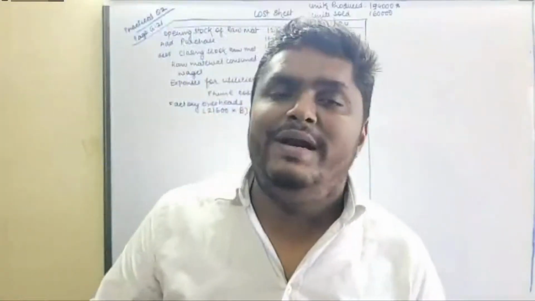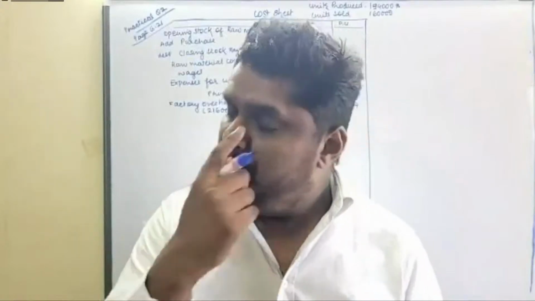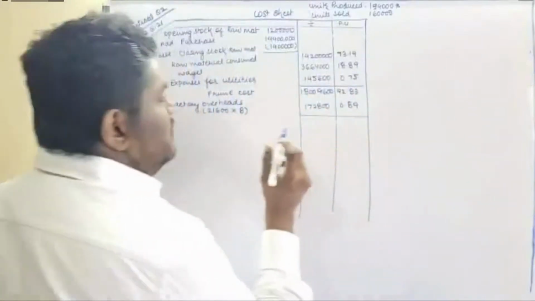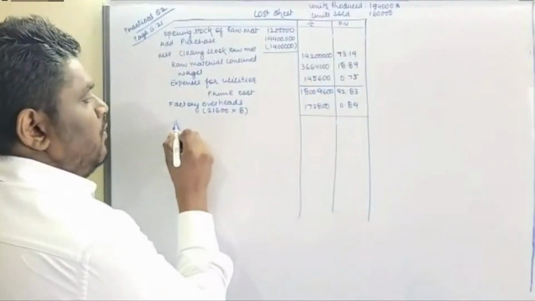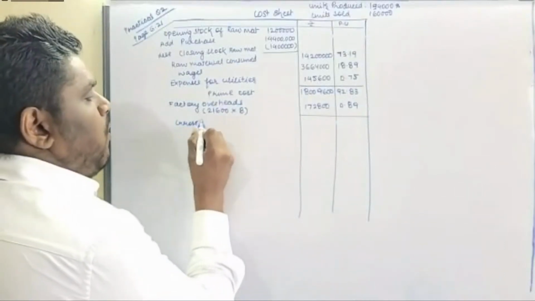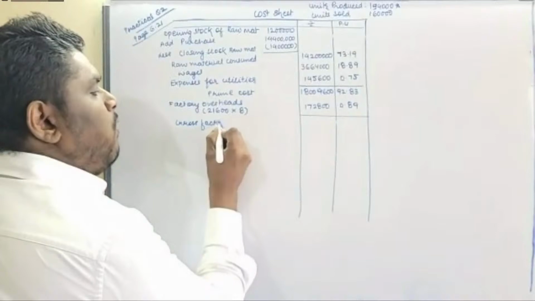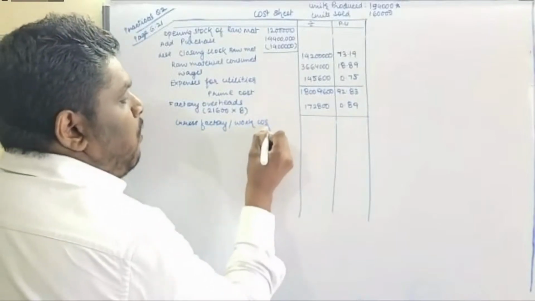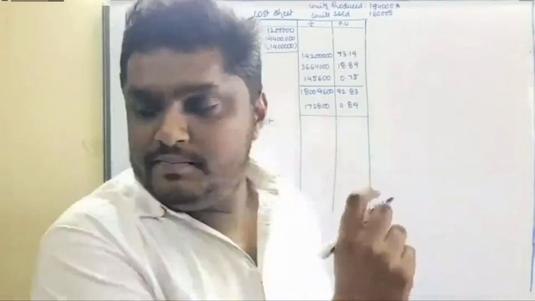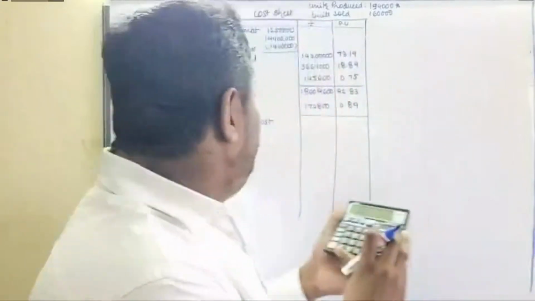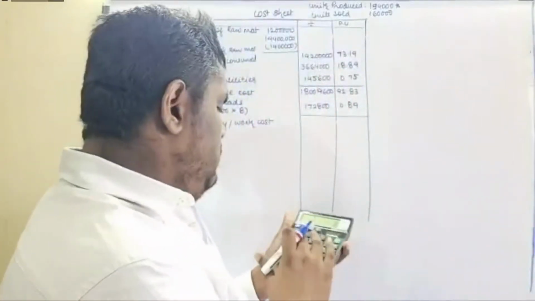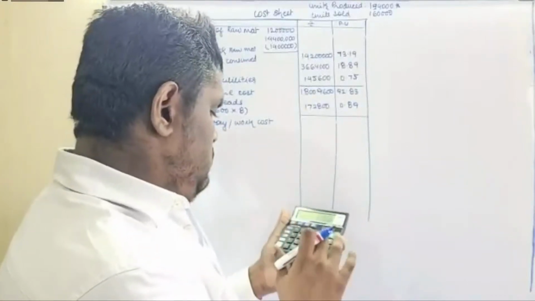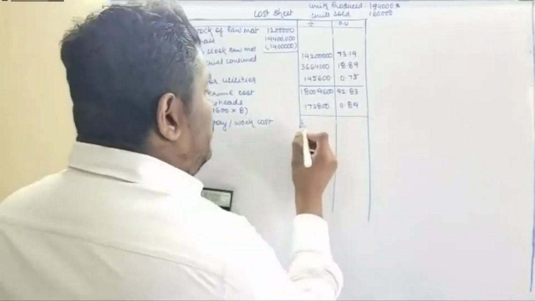After factory overheads, we will get the gross factory cost or work cost. So my gross factory cost and work cost will be 18182400.